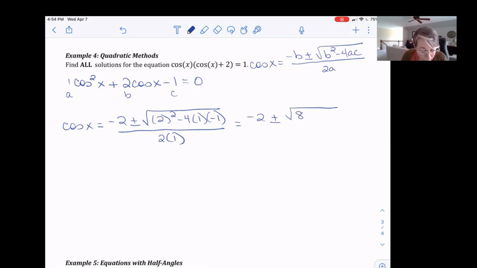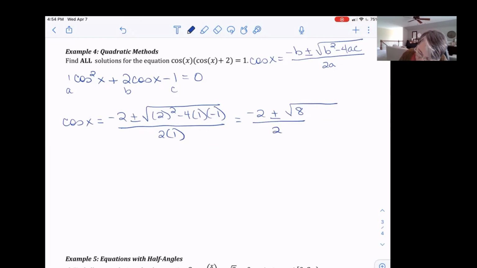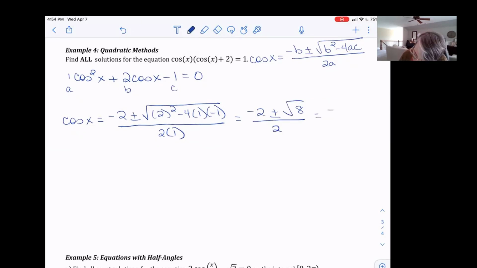So that's the square root of 8, all divided by 2, which is -2 plus or minus 2 rad 2 all over 2. And remember, we cannot reduce with that 2 unless everybody gets reduced by that 2. Both the -2 and the 2 rad 2 are above that denominator. So that means we have a cosine of x, which gives us a -1 plus or minus the square root of 2. So we have to find 2 different values.